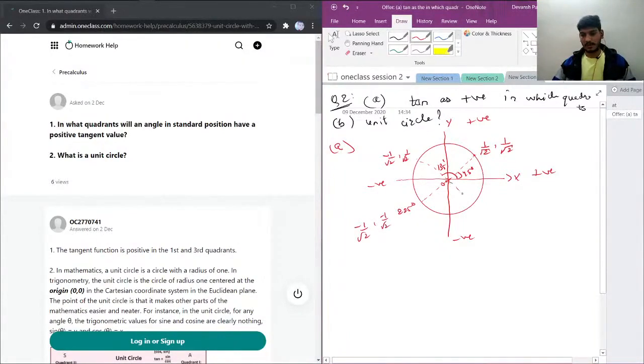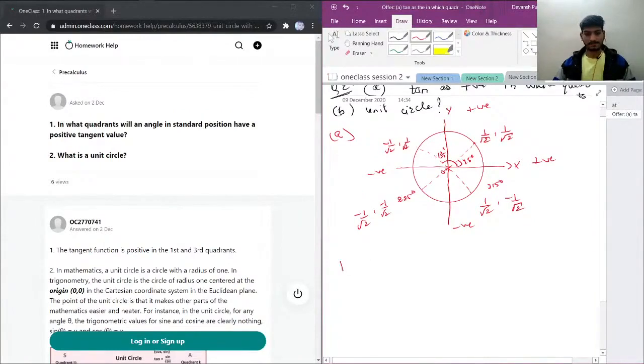And here this is going to be 315 degree, and here my y coordinate is going to be negative because this is the negative y-axis. So my x and negative of y.